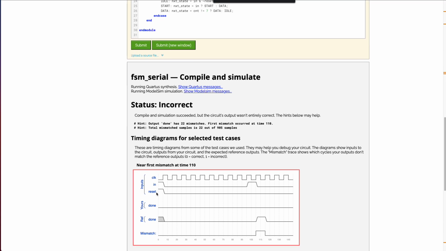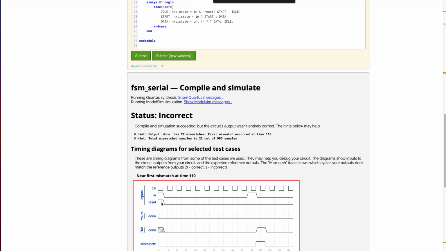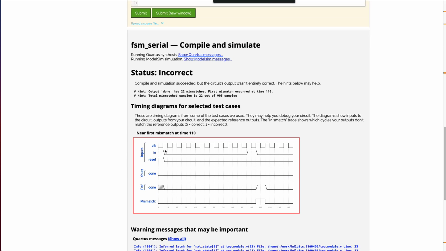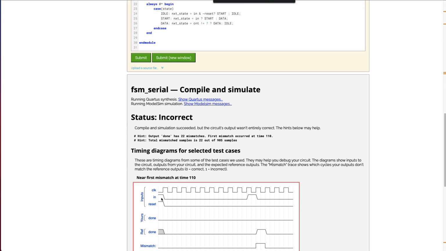Here we should have state idle, because we just do this, and so next state is just going to be in and not reset.